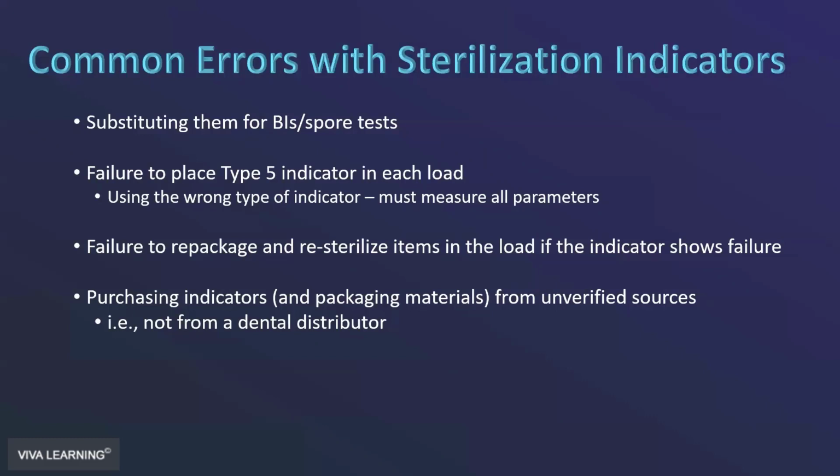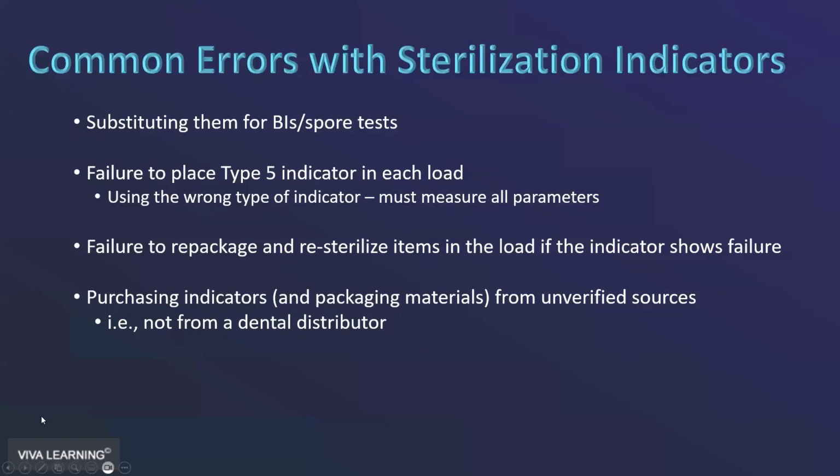And then I mentioned this before, make sure that you are purchasing your indicators and packaging materials from a trusted dental distributor and manufacturer, not from unverified sources. This is not the place to try to save money and potentially put your patients' health and safety at risk.